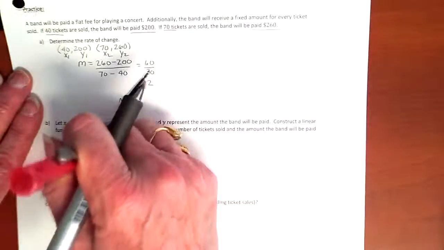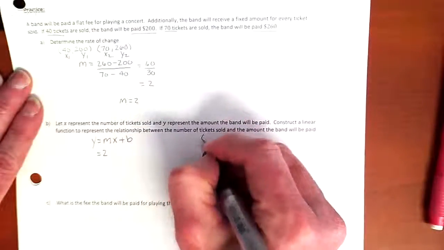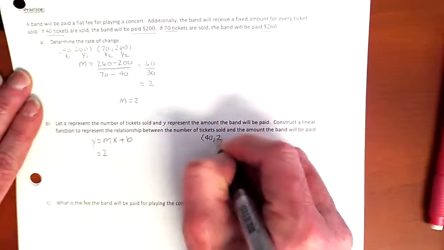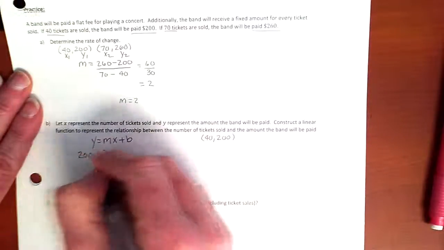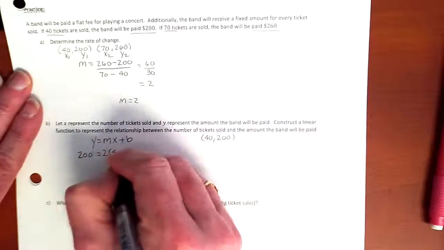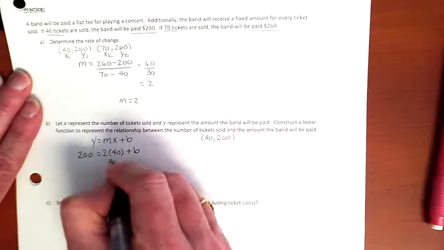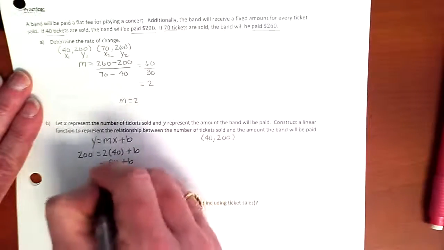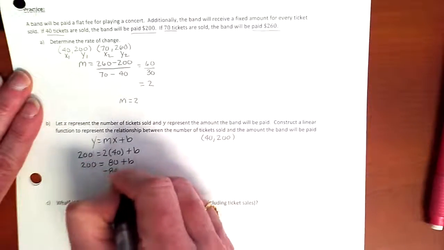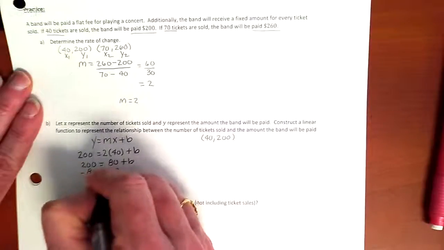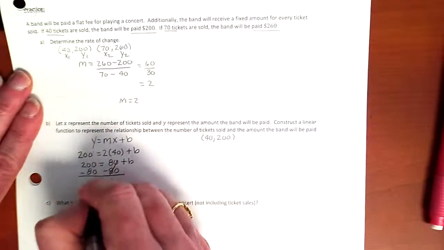We could just substitute in for one of our points. So I'm going to use 40 and 200. So 200 equals 2 times 40 plus b. We have 80 plus b equals 200. So subtract 80 from both sides. So b equals 120.